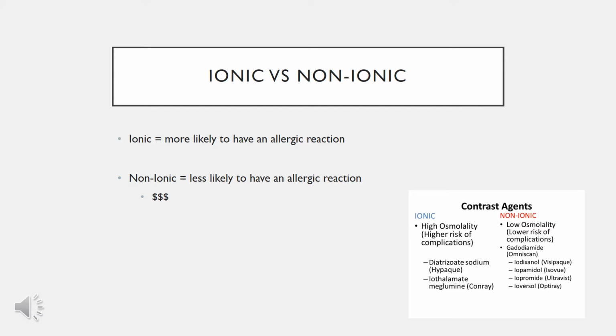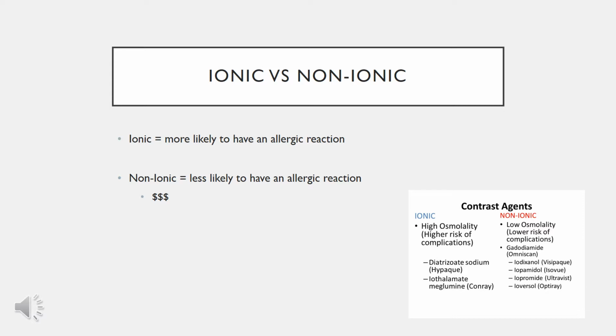So what's the point of having ionic and non-ionic contrast agents if they're both iodinated, if they're both positive contrast agents, and both water soluble? What's the point of having two different ones? Well, it's the chance of allergic reaction. If patients are going to have a reaction to iodinated contrast agents, they're more likely to have a reaction to ionic ones compared to non-ionic iodinated contrast agents.